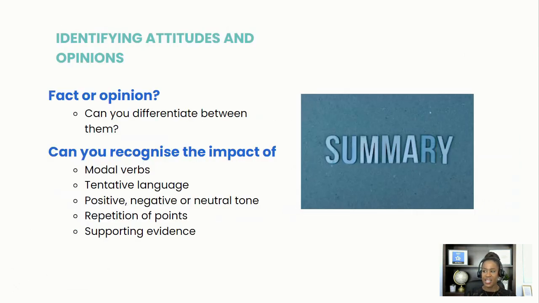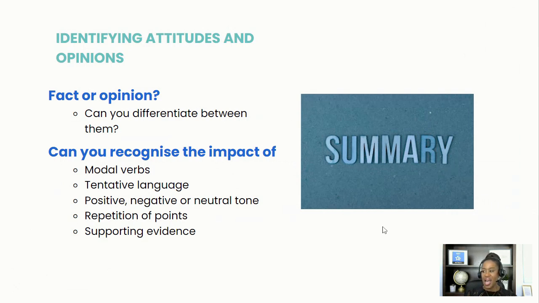So, let's summarize some of the things you'll need to be able to do when you're identifying attitudes and opinions. You'll need to ask yourself, can I differentiate between fact and opinion?